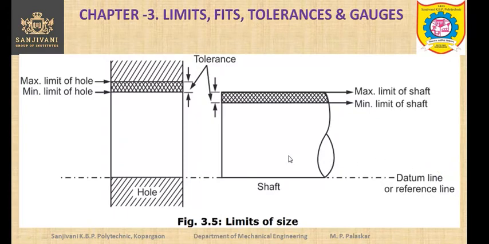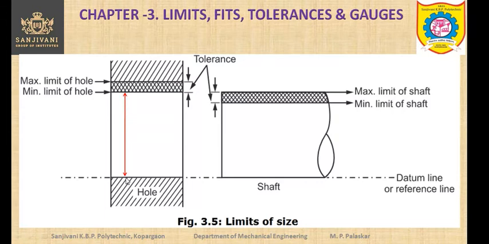With the help of this diagram, this graphical representation of the limits of size, we can get some real information about the various limits. This is the hole and this is the shaft. This is the minimum limit or the lower limit for the hole.